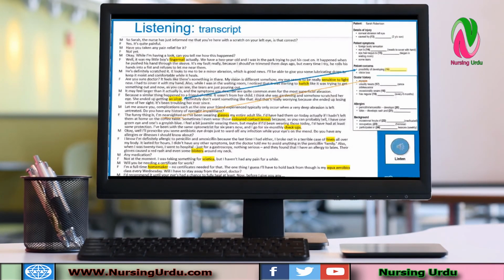And then she goes on to say, I've been wearing glasses my entire adult life. So this corresponds with this idea of usually and since adolescence, right? Usually and since adolescence. And then occasionally wears contact lenses. Sometimes she wears contact lenses.